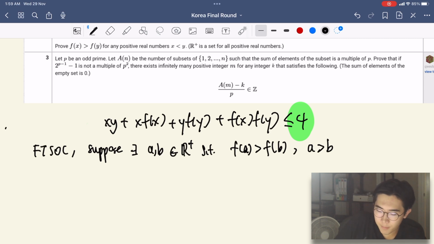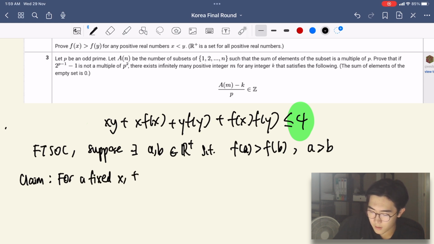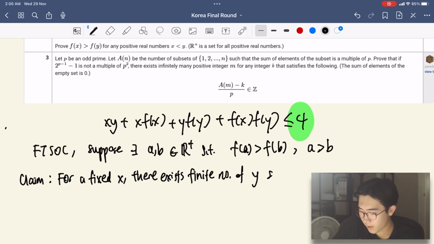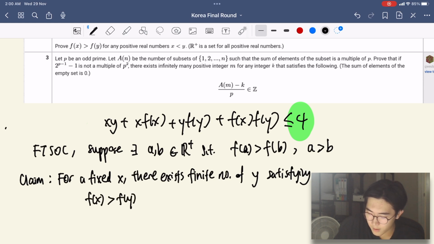So my first claim was: for a fixed x, there exists a finite number of y satisfying f(x) larger than f(y) and x larger than y.